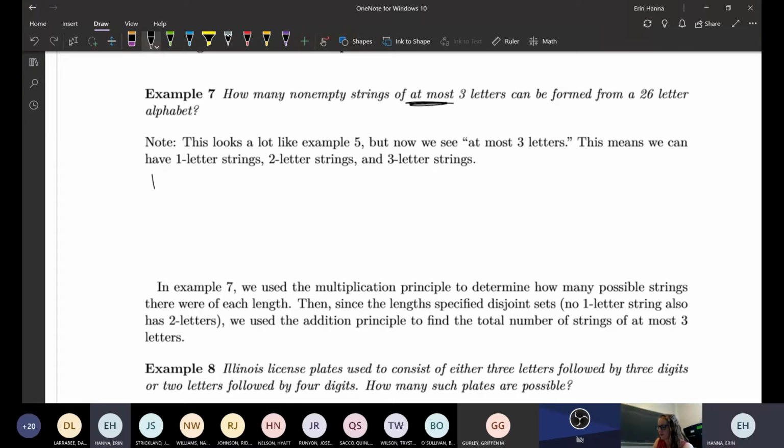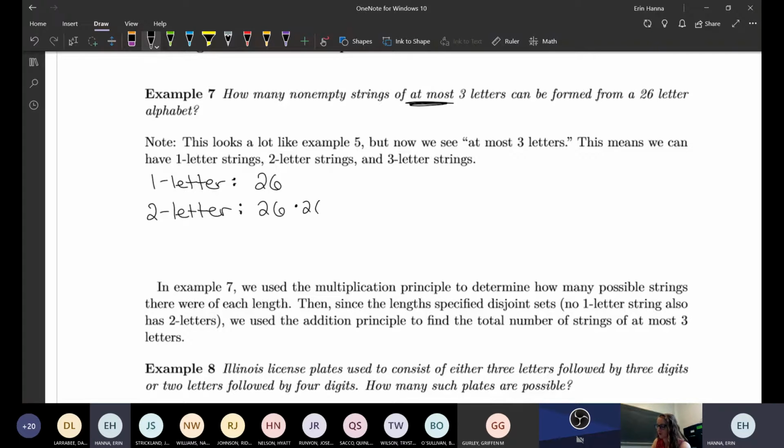So we have 1-letter strings. If we figure out how many 1-letter strings we can have, you only need 1 letter and you've got 26 choices. If we're going to have a 2-letter string, and we're allowed to repeat things here, we have 26 choices for each piece of the string.